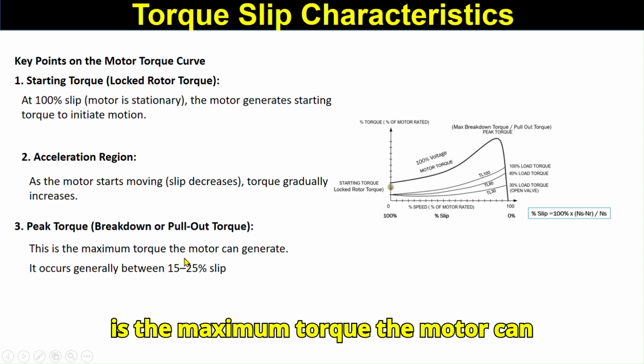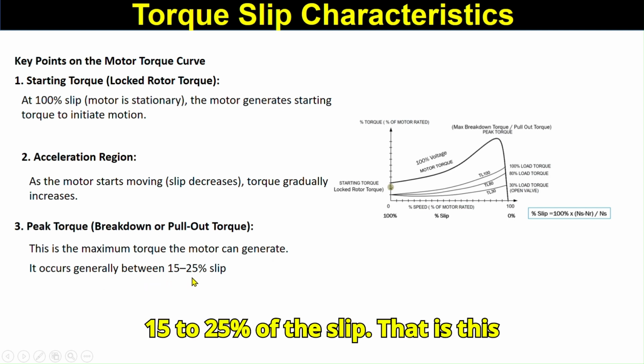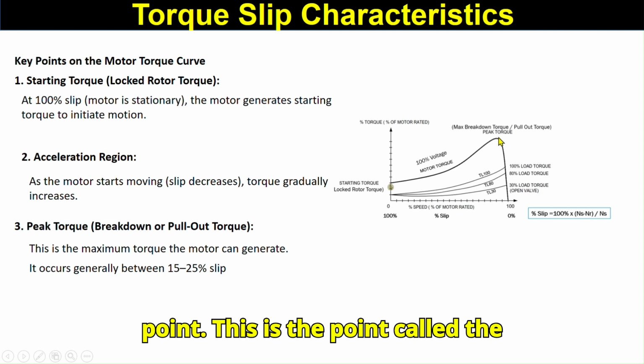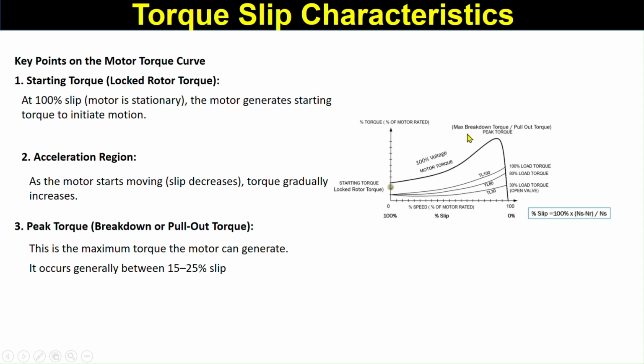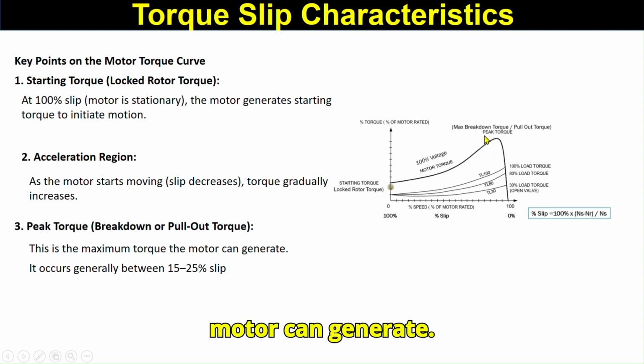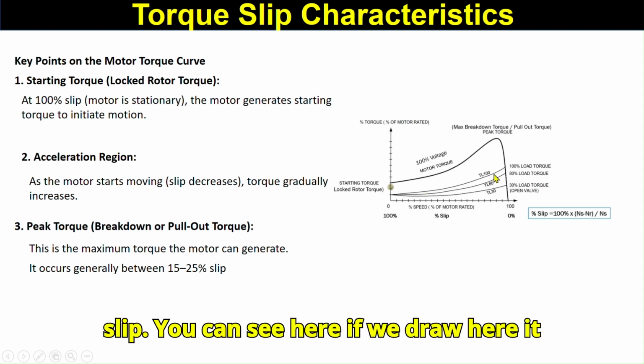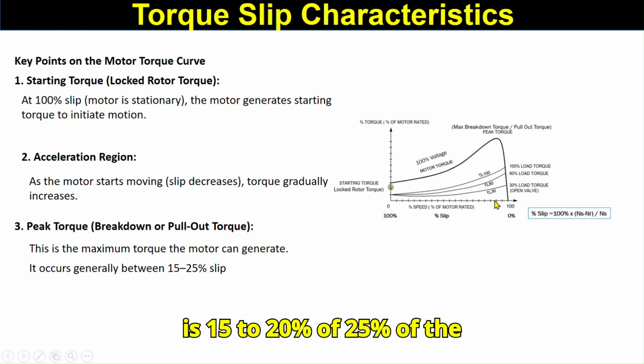This is the maximum torque the motor can generate. It occurs generally between 15 to 25% of the slip. That is this point, called the maximum breakdown torque or pull-out torque. You can see here, if we draw here, it is 15 to 25% of the slip.